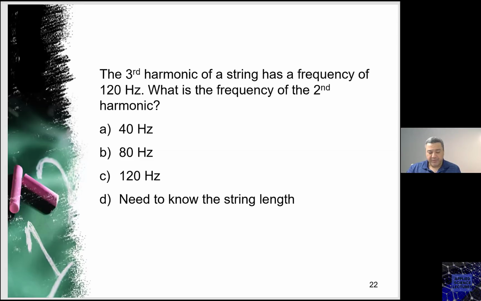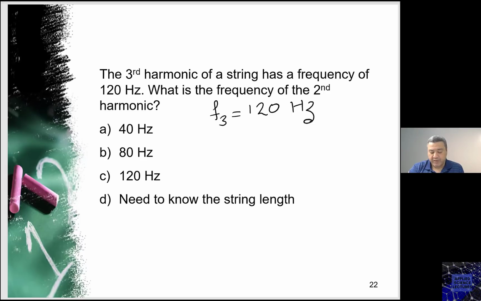Last example for this lecture. The third harmonic of a string has a frequency of 120 hertz. What is the frequency of the second harmonic? Here F3 equals 120 hertz.